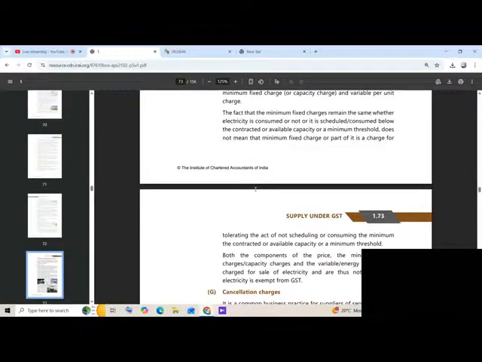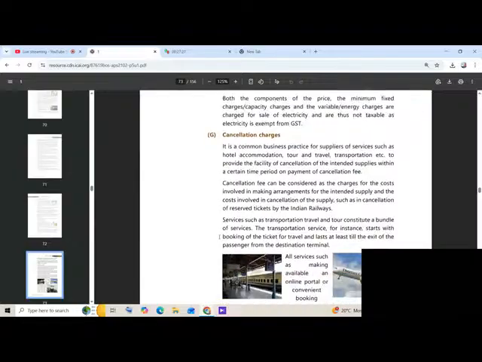The fact that the minimum fixed charges remain the same whether electricity is consumed or not, or it is scheduled or consumed below the contracted or available capacity or a minimum threshold, does not mean the minimum fixed charge or part of it is a charge for tolerating the act of not scheduling or consuming the minimum, the contracted or available capacity or minimum threshold. Both the components of the price, the minimum fixed charges, capacity charges, and the variable energy charges, are charged for sale of electricity and are thus not taxable, as electricity is exempt from GST.